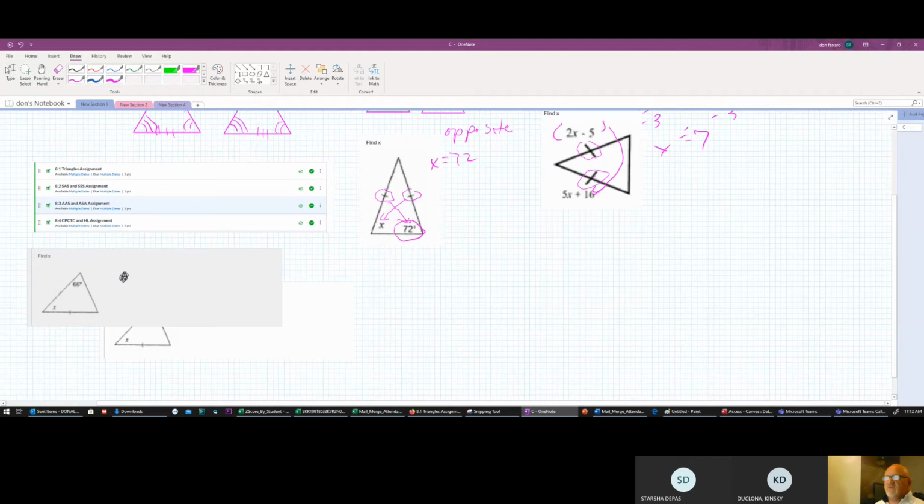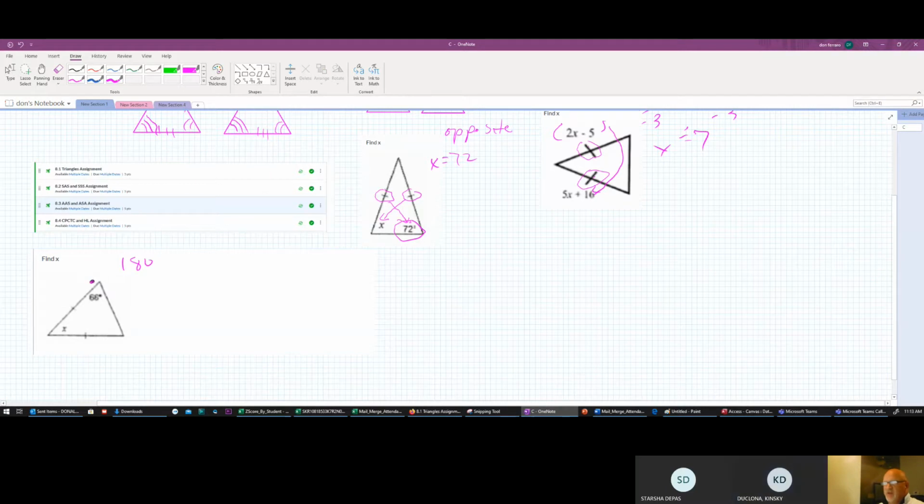All right, I'll move this over. So now, what do the three angles add up to in degrees in a triangle? Can anybody tell me? 180. 180, okay.